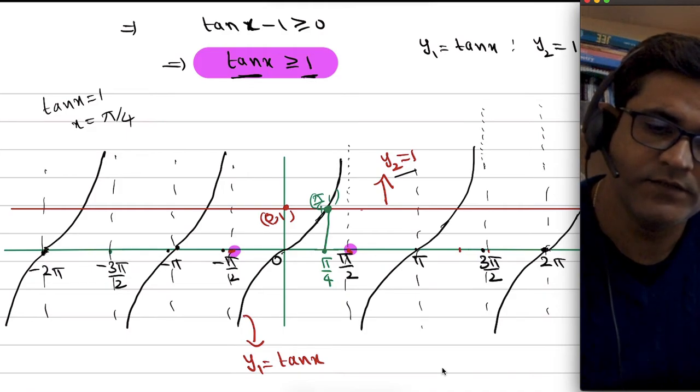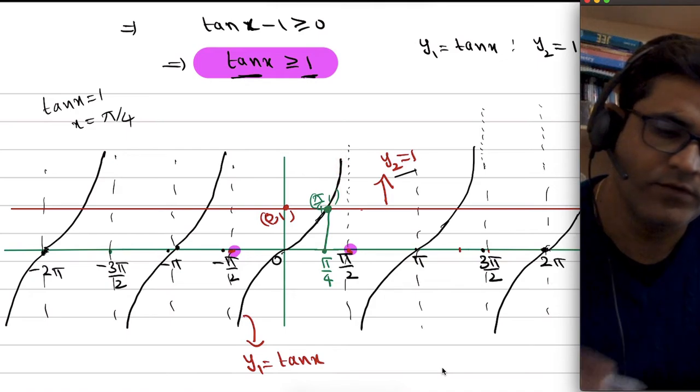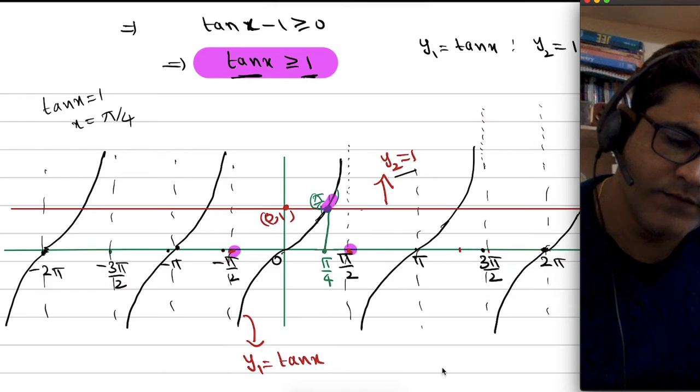Now from pi by 4 to pi by 2, tan x is above. So this part is our requirement.